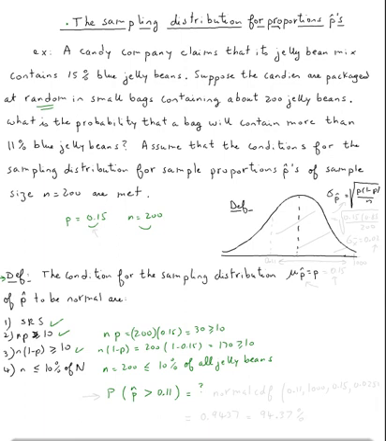Not only that, by definition we know the formula for the standard deviation of p-hat, and the formula for the mean of p-hat. So we know the mean of p-hat is just going to be p, which is 0.15. And then the standard deviation will be the square root of p, 0.15, times 1 minus 0.15, which is 0.85, divided by n, which is 200.